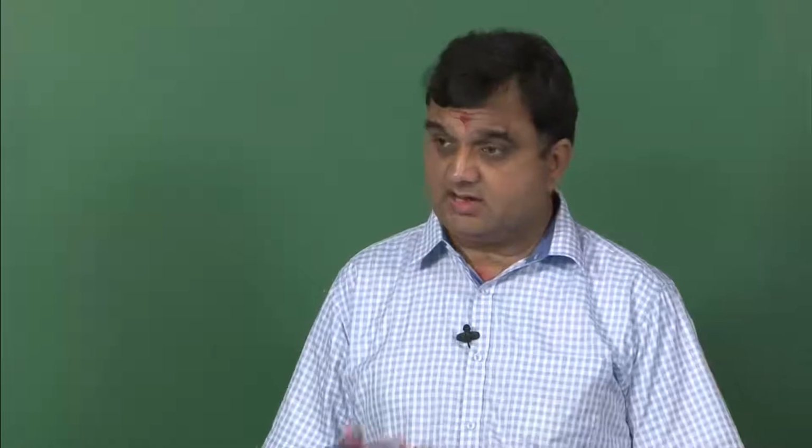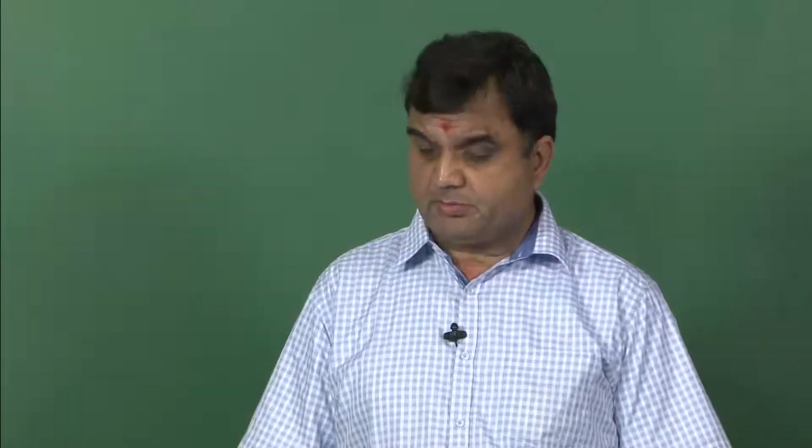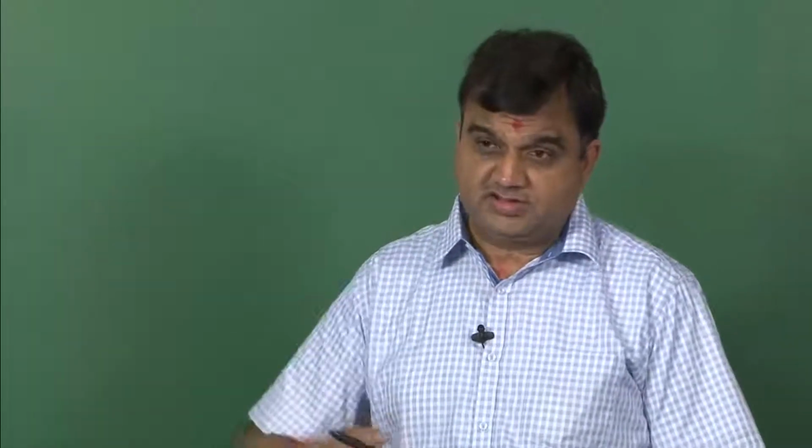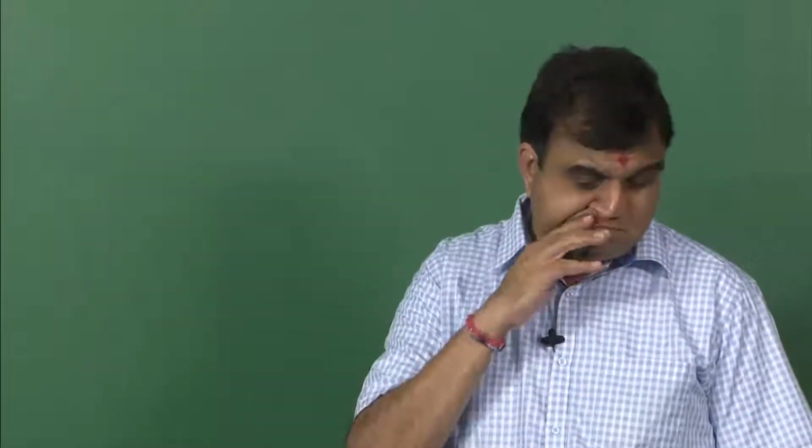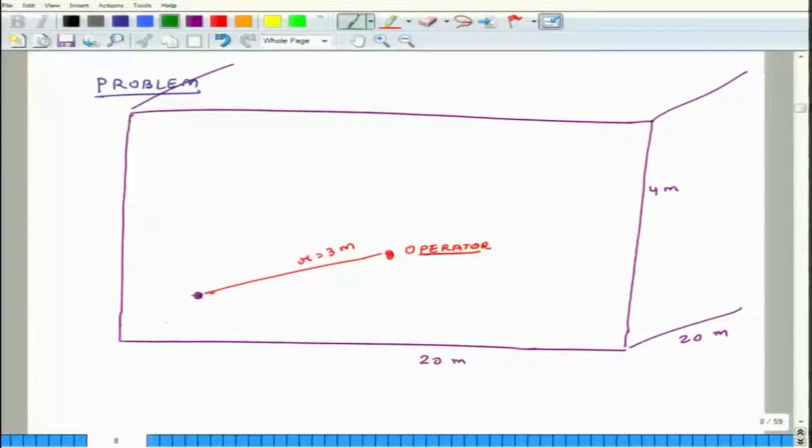So, we want to design an enclosure so that this operator can be protected from the ill effects of this excessive noise. So, what we do is we are thinking of designing an enclosure whose dimensions are something like this.